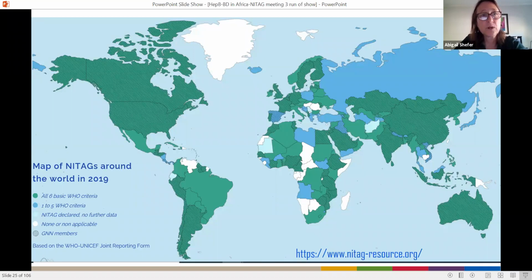And you can see that most of the remaining countries without NITAGs or not meeting all criteria are located in the African region. And in 2019, overall, globally, there were 170 countries that had established a NITAG, and 123 had met all criteria for a minimally functioning NITAG. So quite a bit of work to do, and some of the regions have a little bit more work to do. So next slide.